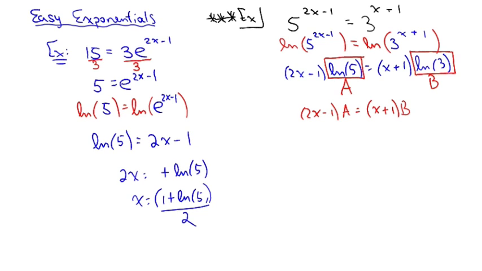You would distribute them through and get rid of the parentheses. To solve a linear equation, you have to get rid of the parentheses to loosen things up so you can move them to the left and right side of the equation. So distribute. A times that, B times this, B times that. So this becomes 2Ax minus A is equal to Bx plus B.